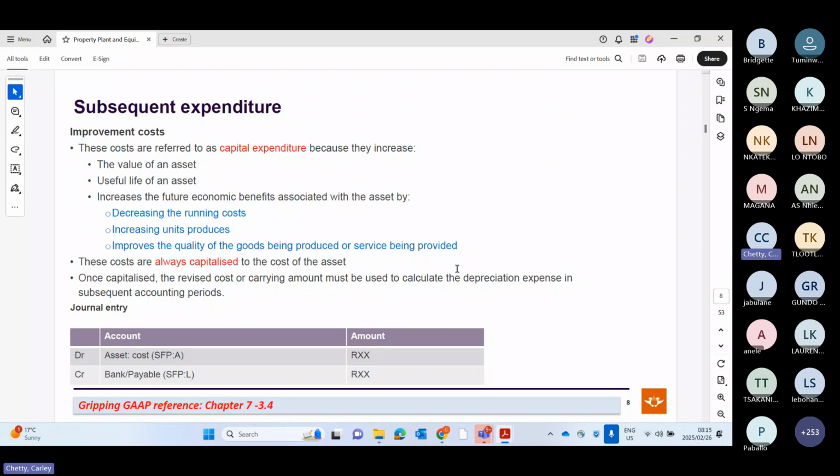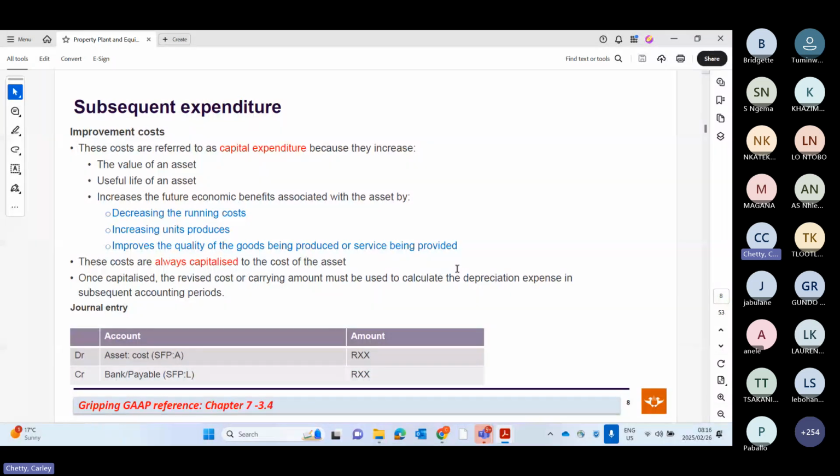It could be a technical innovation, something more efficient that will decrease the running costs. It could increase the units produced. Perhaps there's an improvement on the machine and all of a sudden it makes 1,000 units instead of 100 units, which will result in an increase in future economic benefits.